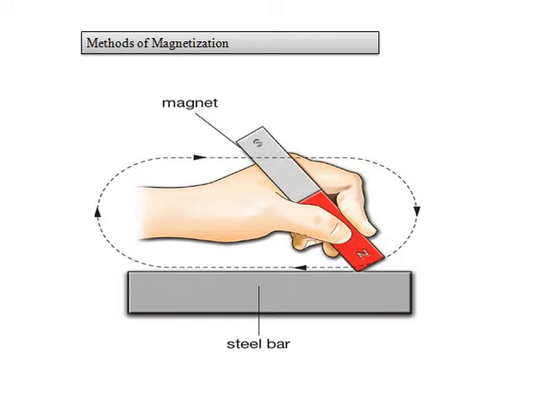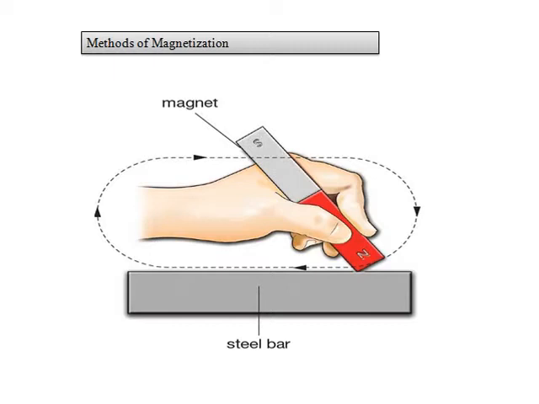Now let's discuss the methods of magnetization. For example, if we have a steel bar and we want to magnetize it, the method is the stroking method. First, take a permanent magnet, either the north pole or the south pole.